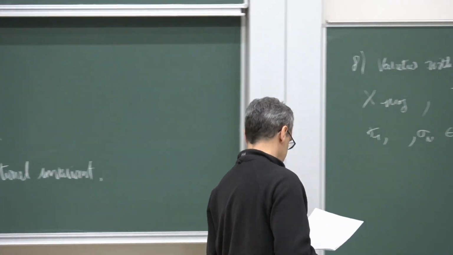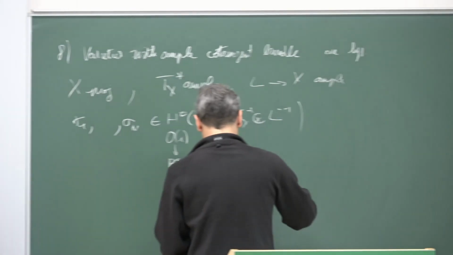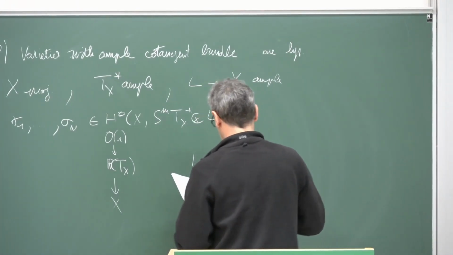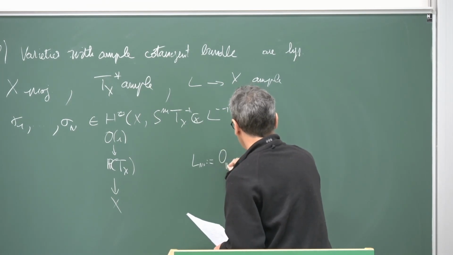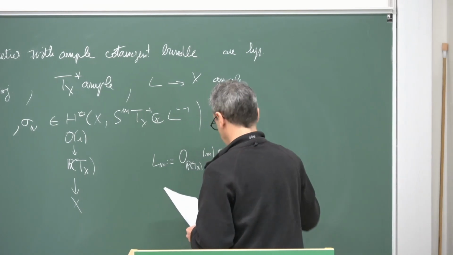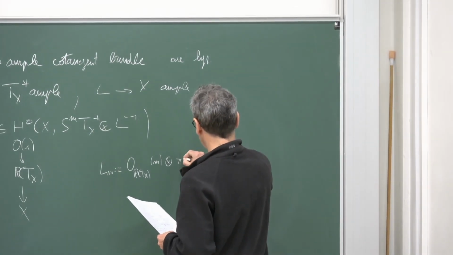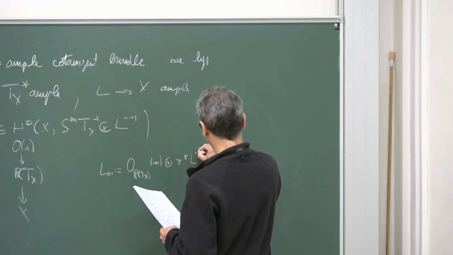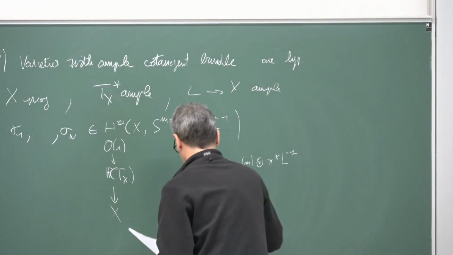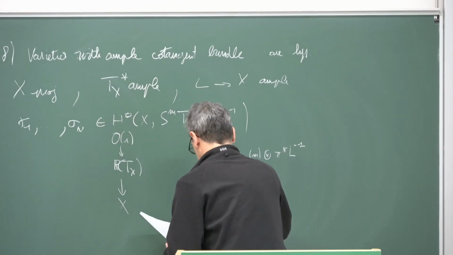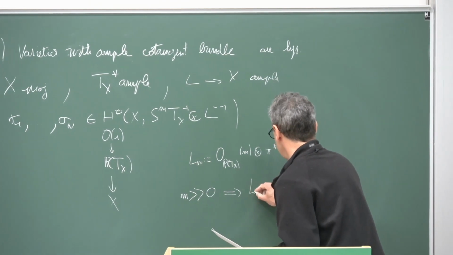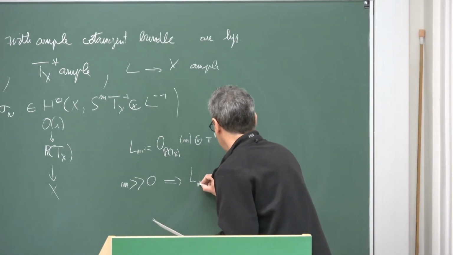And you can consider the following line bundle on the projectivization, and so from the assumption, you can certainly make, for m sufficiently large, this one ample.